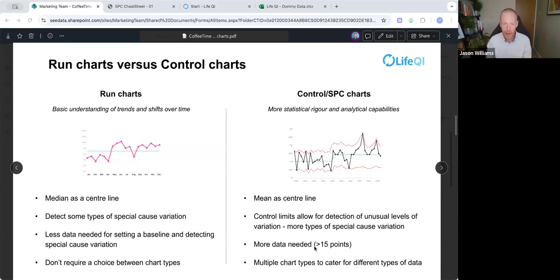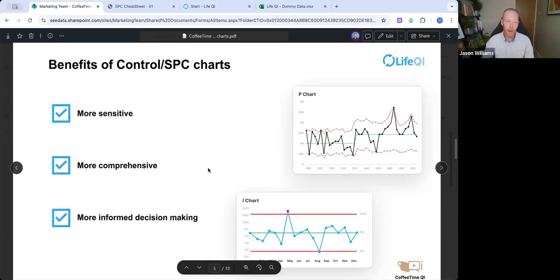But it does mean that if you can make an appropriate decision, then you'll be able to plot your data on a chart that is most appropriate for the data that you've got, and it will do a better job of detecting more of the special cause variation in the process. So ideally, you should be using a control chart if you can, because it will inform better decision making. And that's the next slide, sorry.